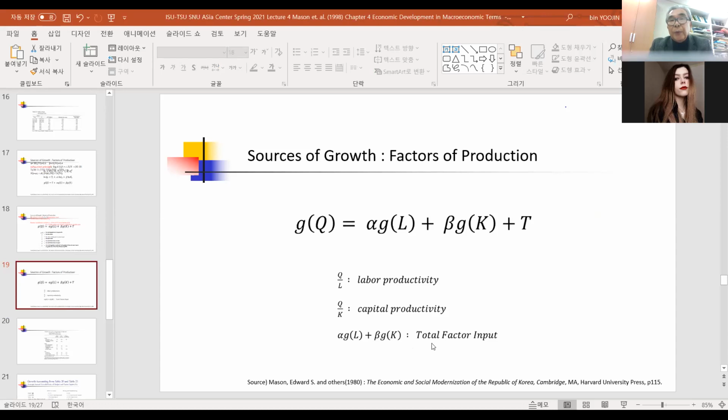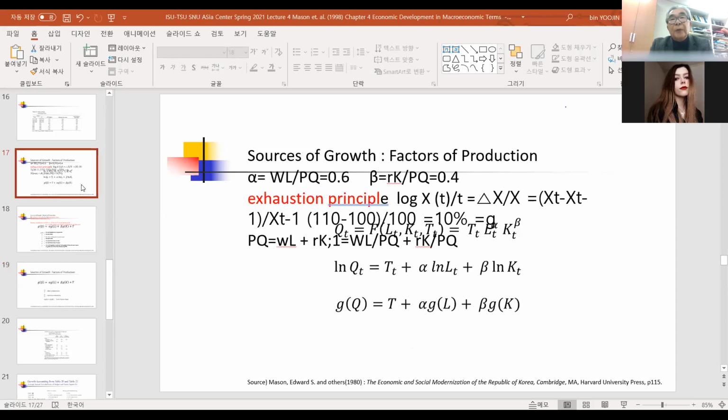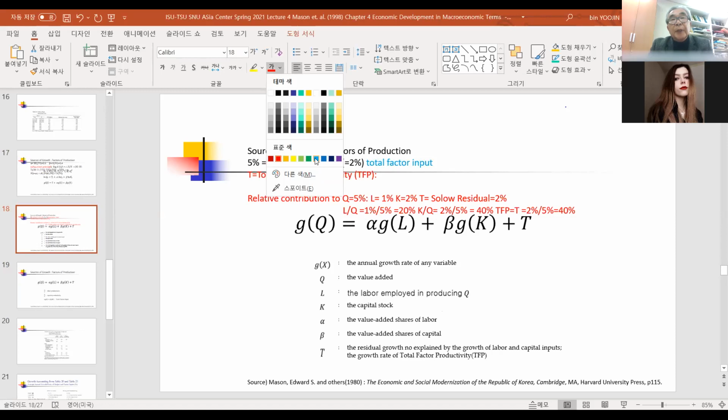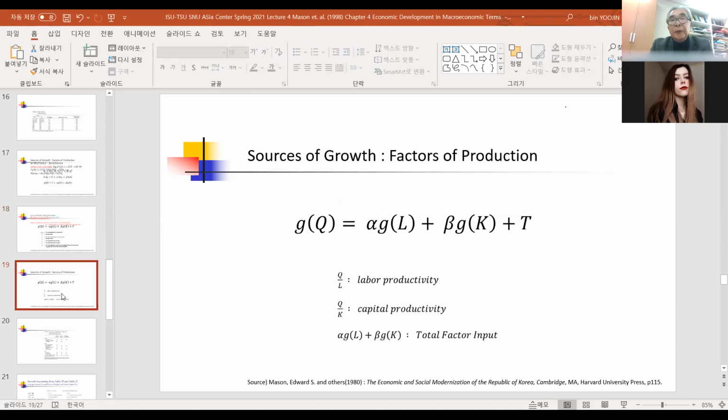Combined together, we have total factor input, as I defined here. Somewhere I define total factor input, right? That terminology is coming out here. Total factor input, right? Okay.